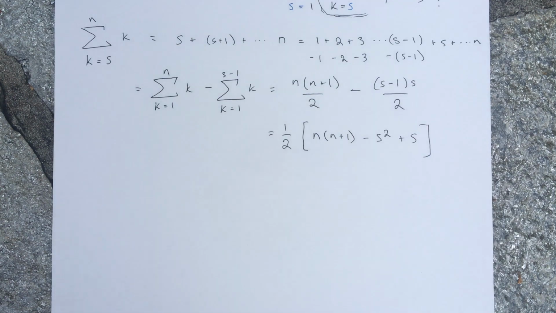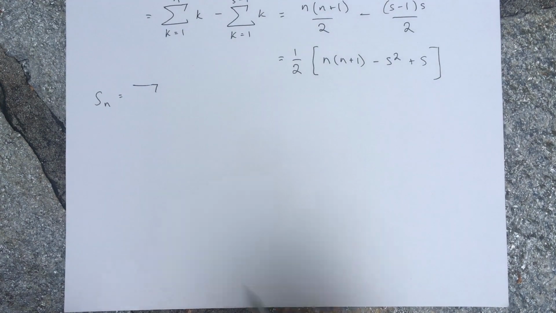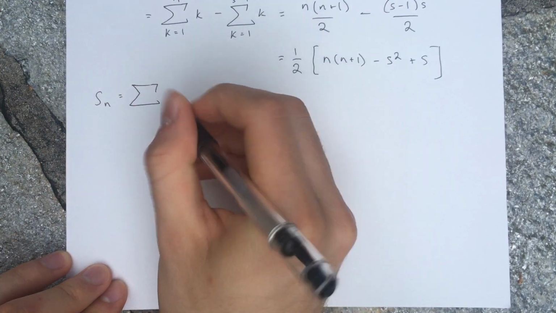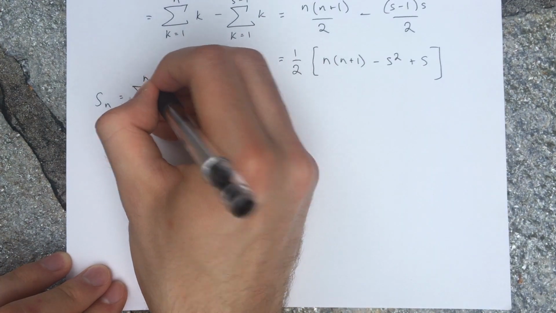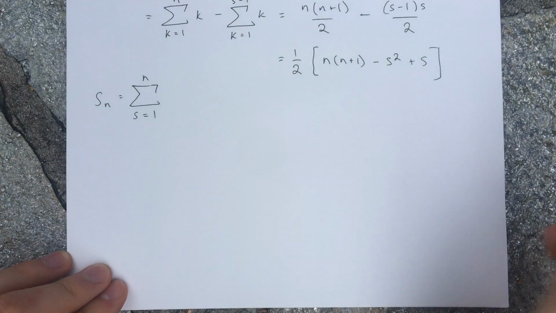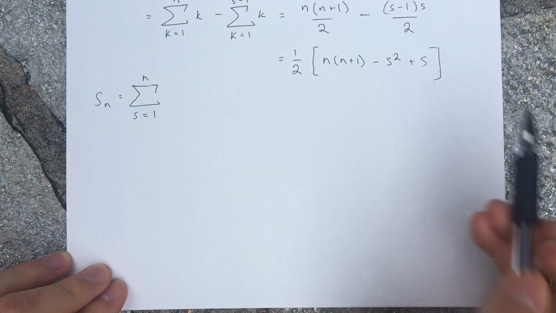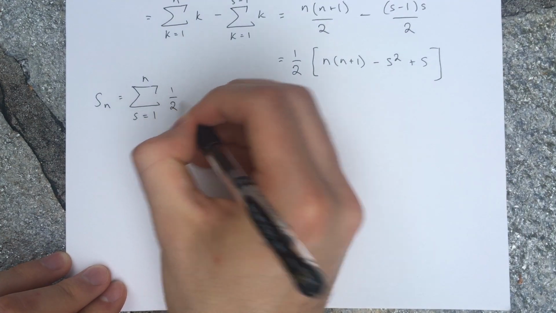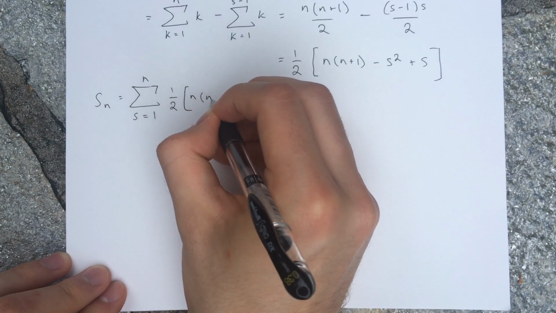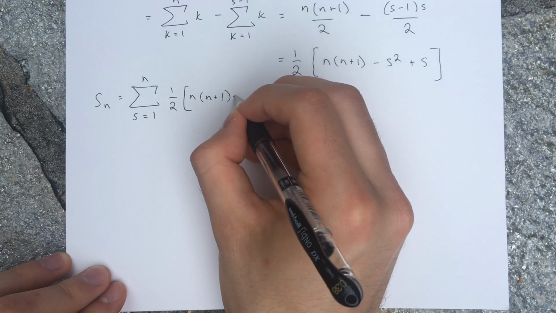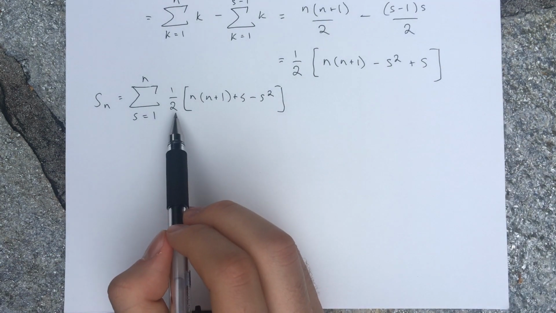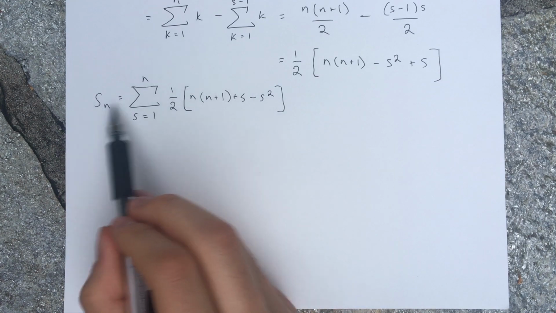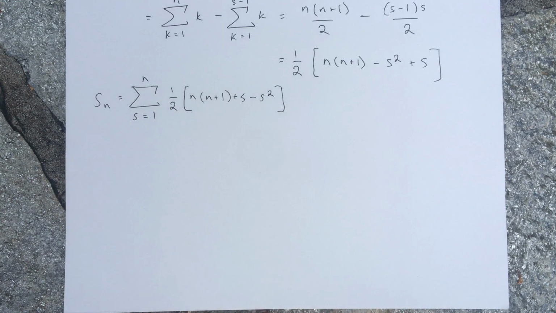Okay. Now let's rewrite our sum. We have Sn is equal to the sum starting from s equals 1 to n. And now I'm just going to add in this blurb right here. 1/2 times n times n plus 1 plus s minus s squared. And now I'll multiply both sides by 2 and distribute this sum.